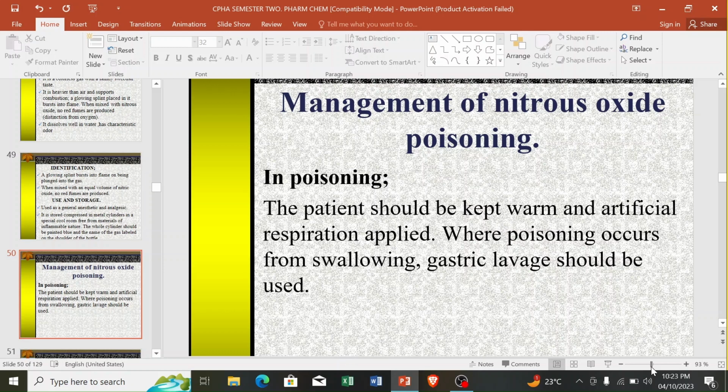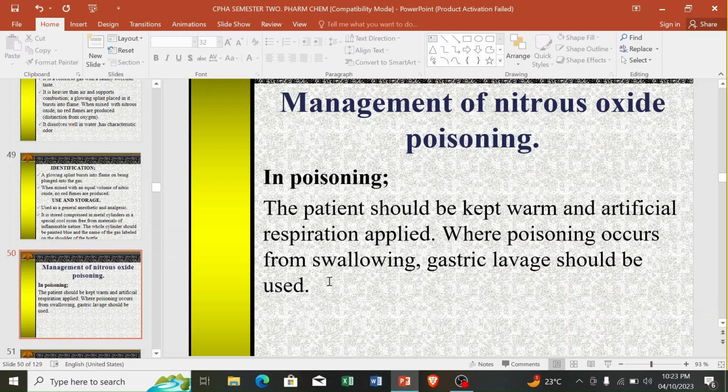So in case of nitrous oxide poisoning, we need to manage the patients. In poisoning, the patient should be kept warm and artificial respiration applied. Artificial respiration is when we use oxygen gas to respirate a patient.